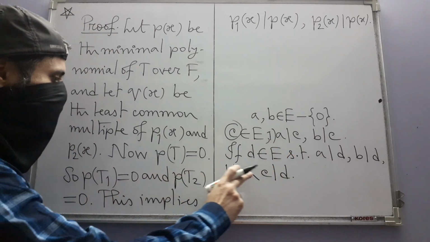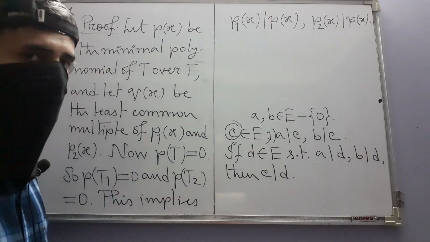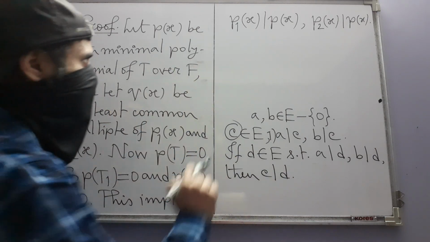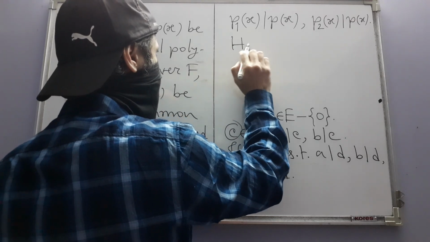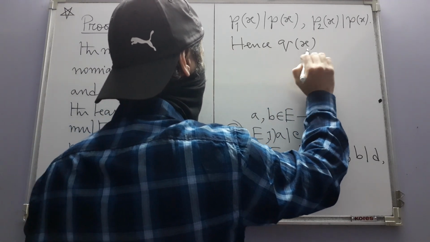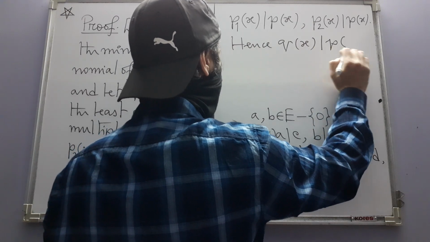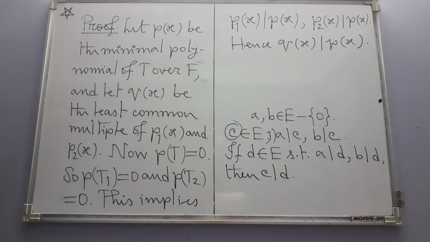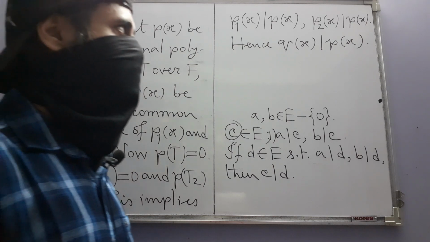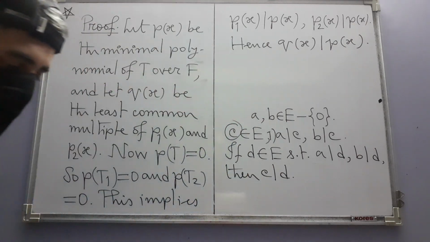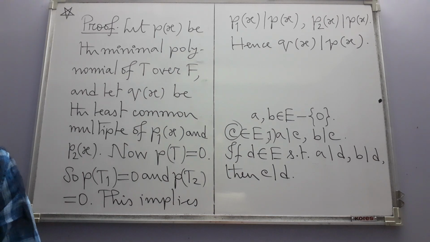So C has to divide D. In this case, Q of x has to divide P of x. Hence, Q of x divides P of x. Okay, so we get one divisibility relation. Now we want the other divisibility relation.